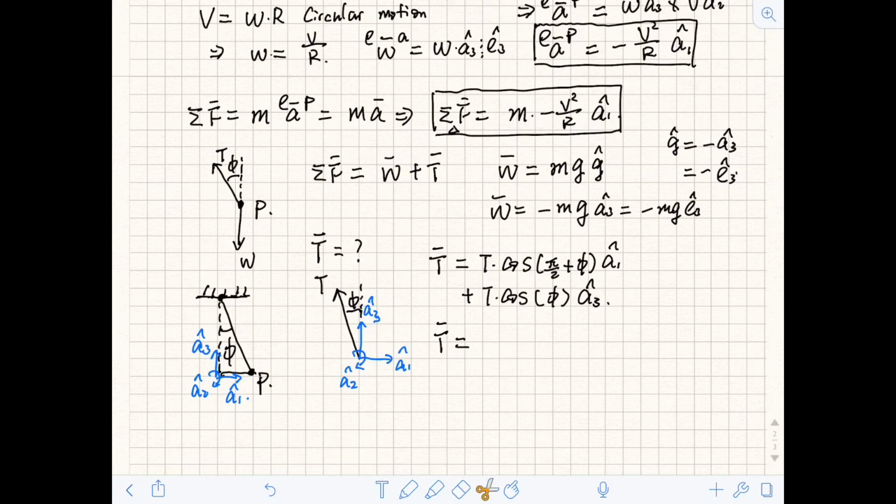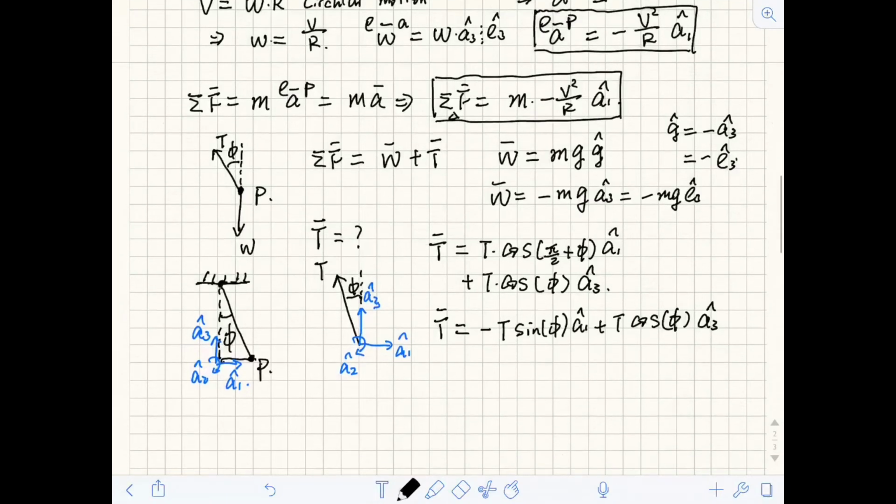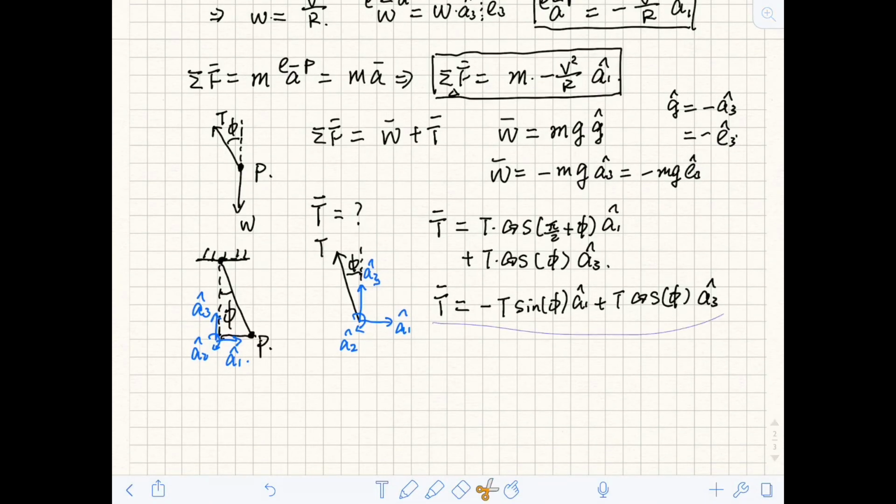And we know cosine of pi over 2 plus phi is equal to negative sine phi. So essentially we have solved for the tension T in the A frame.